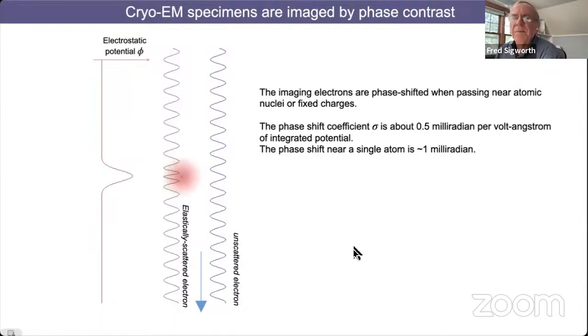This is how we're going to make images, by making use of this phase shift. And the phase shift is really small. There's this interesting coefficient that says you get about 0.5 milliradian, so what's that, 1/16 of a degree of phase shift per volt angstrom of integrated potential.